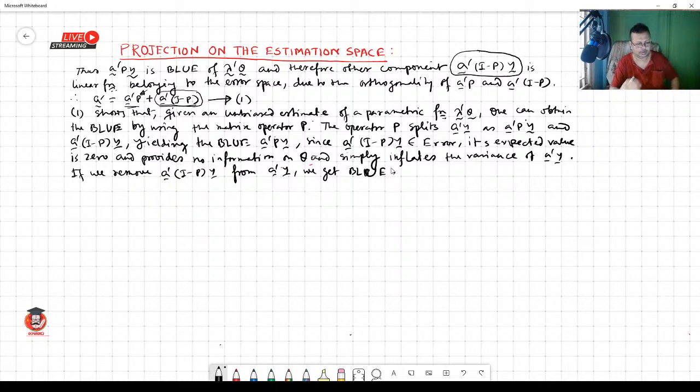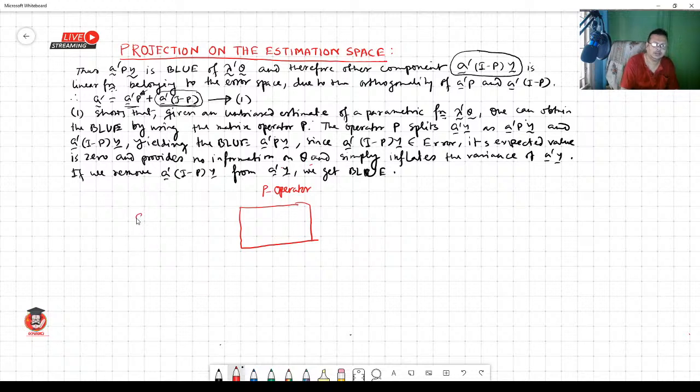So from this discussion we get a machine. This machine is called the P operator. And we know the form of P.